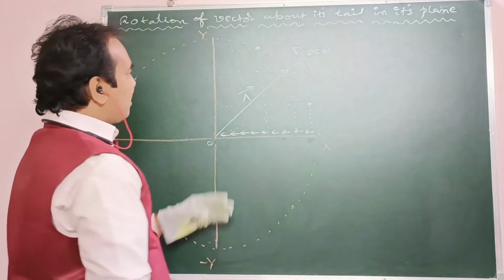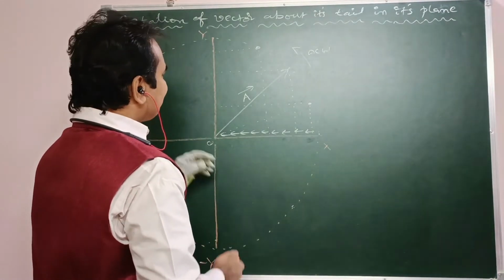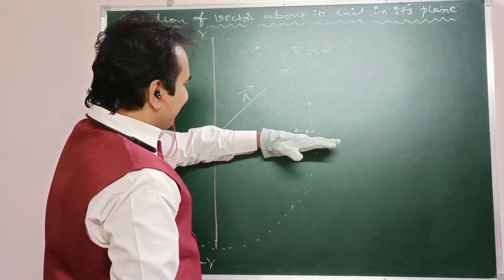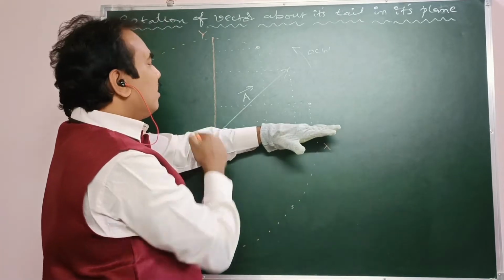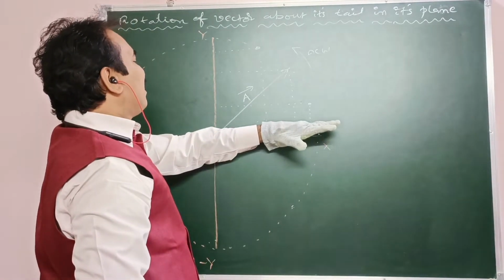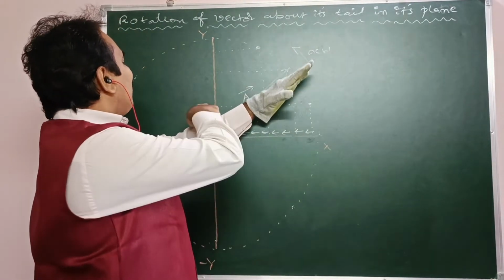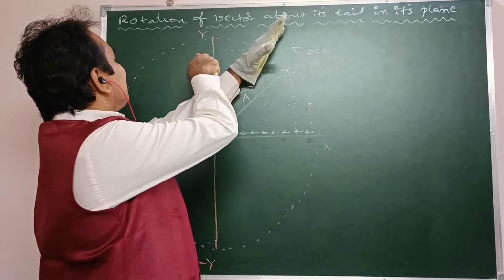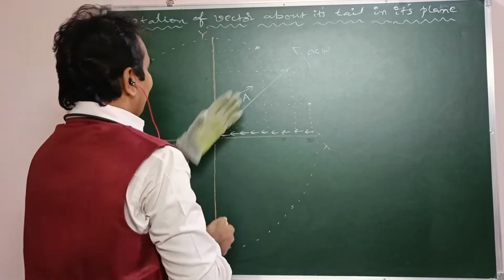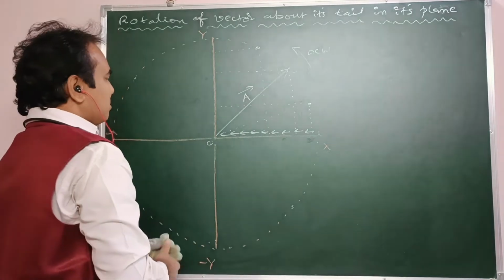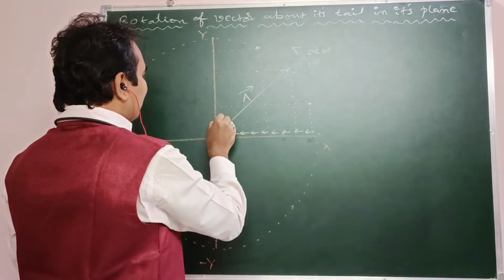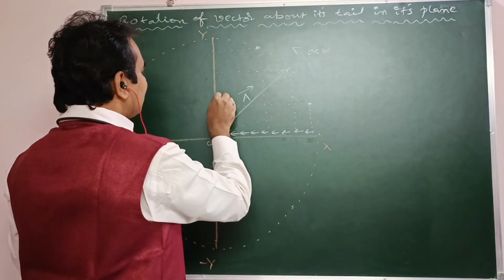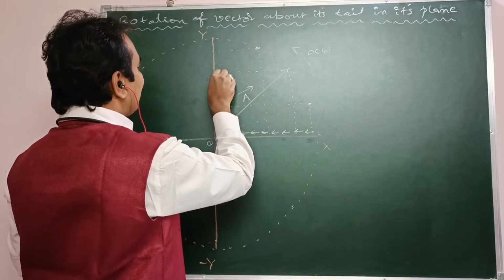What about the y coordinate? Initially when the vector is along the x-axis there is no y coordinate. As it rotates like that, the y coordinate increases, increases, increases, and becomes maximum when it lies along the positive y-axis.